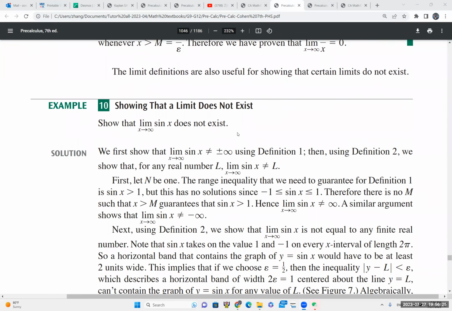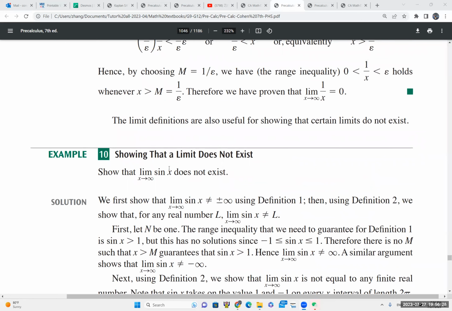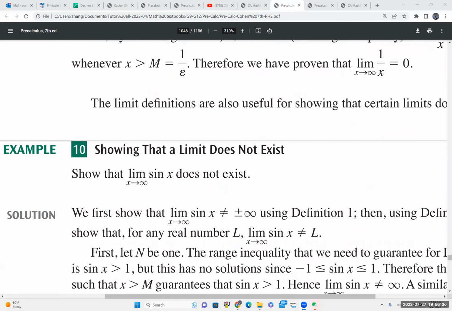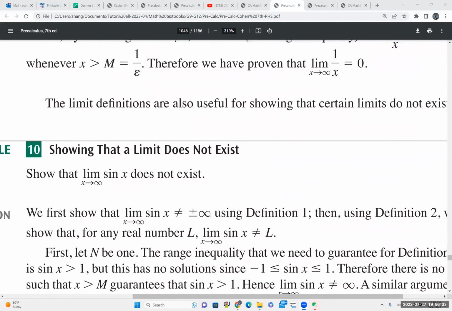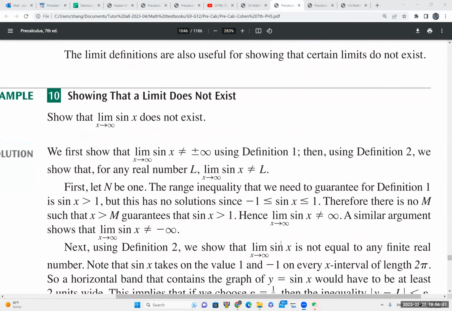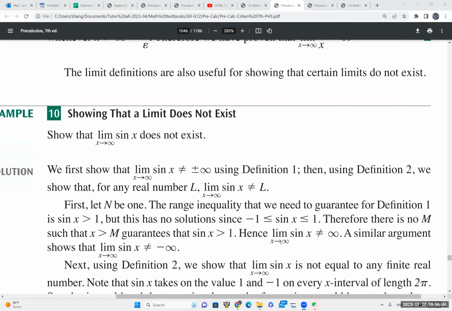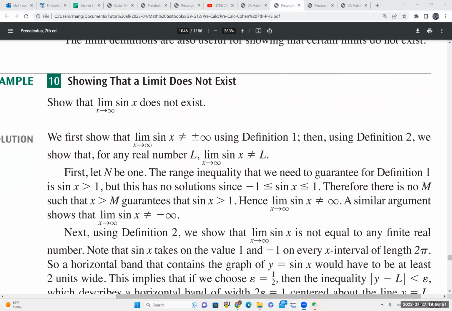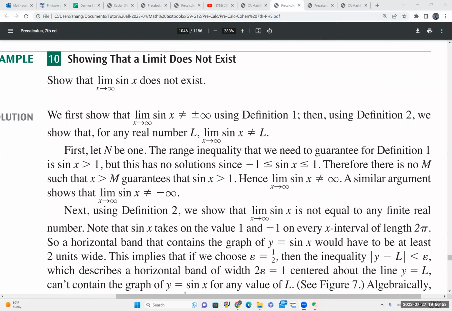The limit doesn't exist. Using definition 1, sin x is just between -1 and 1 inclusive.